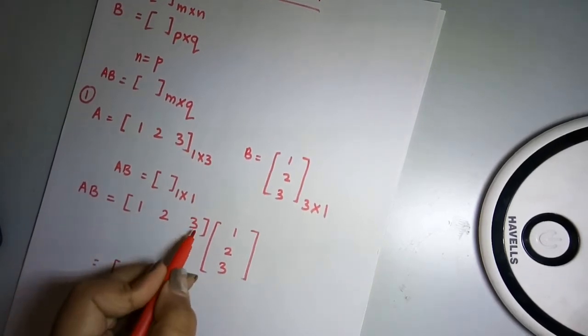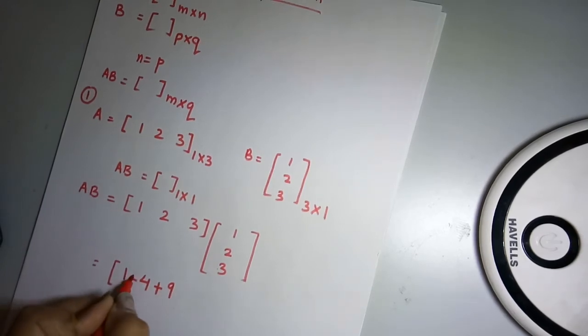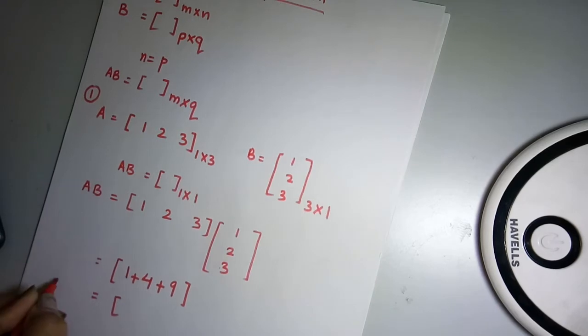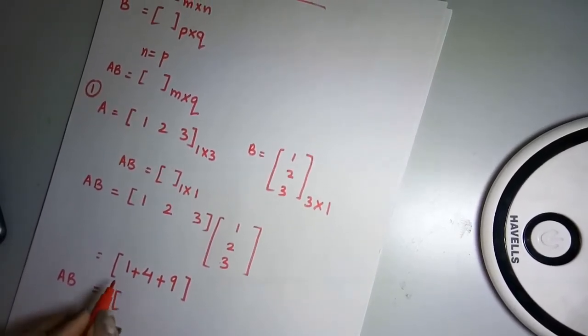And similarly, 3 into 3, 9. We add these individual products, and our resultant matrix AB, which is supposed to be of order 1 cross 1, is 1 plus 4, 5, plus 9, 14.